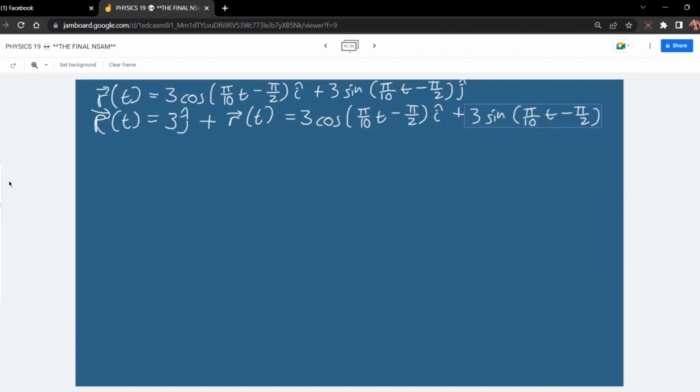So, and then plus 3. And then times j hat. Okay, so we know the position vector. Ngayon, yung velocity vector, how do you get it from there?